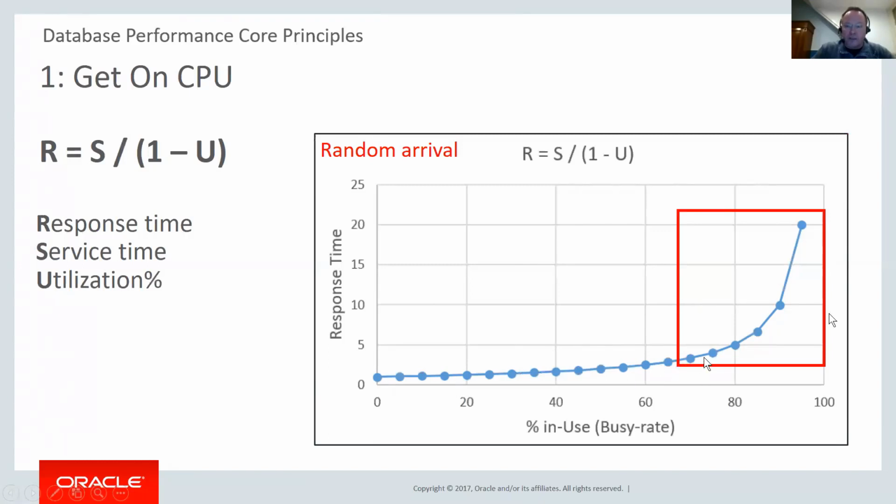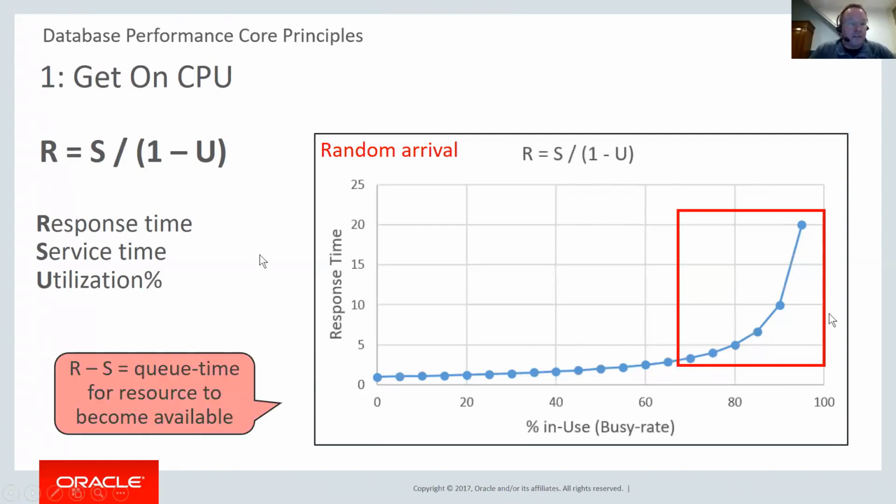But normally around 65, 70%, you really do not want to go beyond that on your database core busy rates. So that's one thing. You need to get on the CPU because it's a process architecture, and you have to deal with this phenomenon. And whatever is between response time minus service time, that's the queue time that you're waiting for this resource, the CPU, to become available.